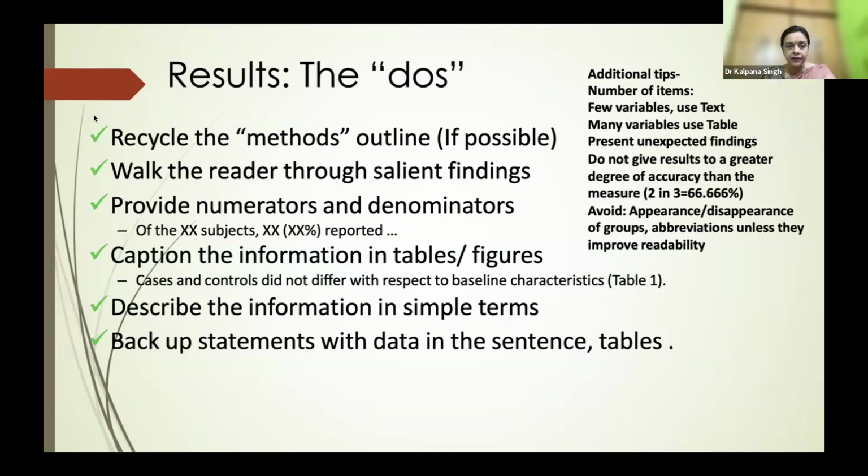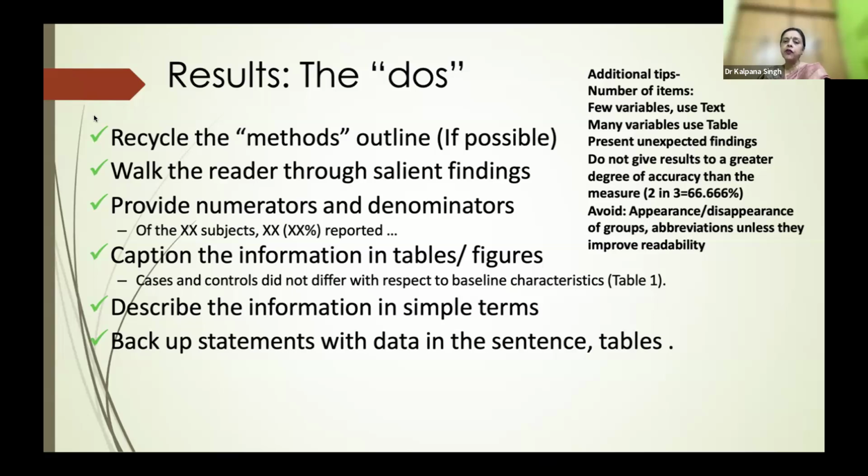While we are writing the results, the do's are: recycle the methods outlined if possible, walk the reader through salient findings, and provide numerators with denominators. We should always write this whenever we are writing a percentage, so that it is clear what the denominators were and what the finding is. Caption the information in tables and figures, describe the information in simple terms, and back up statements with data in sentences or tables.